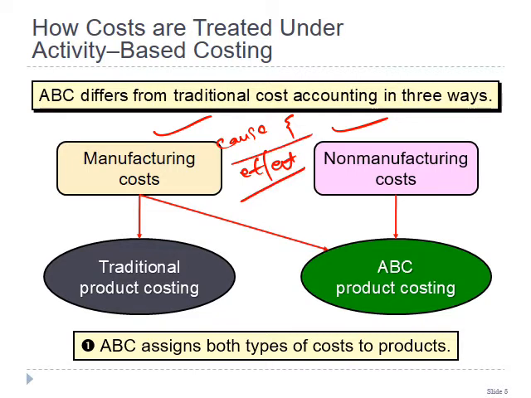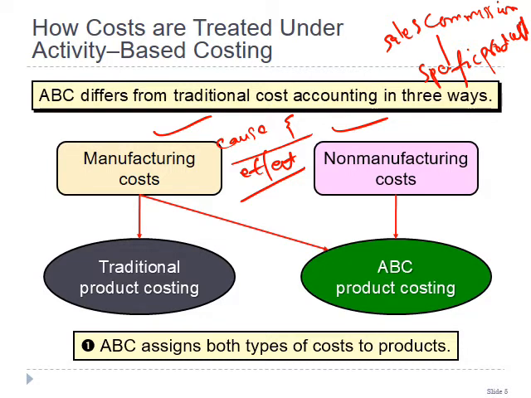The example is that ABC systems can assign sales commissions, shipping costs, or warranty repair costs to a specific product. That's going to be the example.